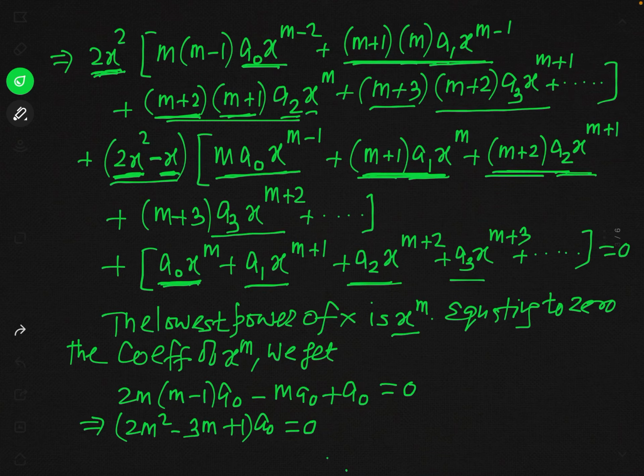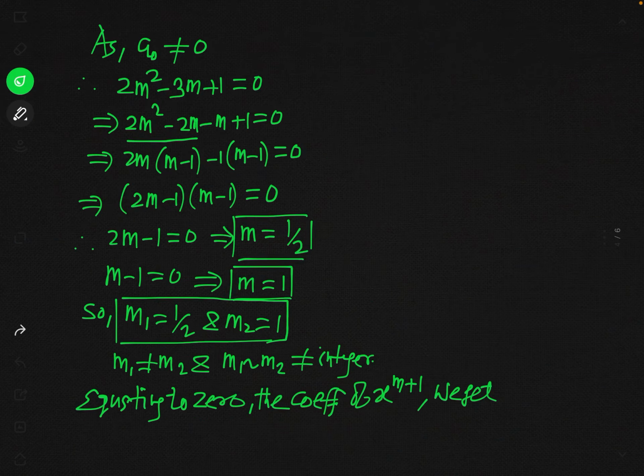See here, when you multiply the 2x square by this term, you can see there is already x to the power m plus 1, and when you multiply it by x square, the power on x will be m plus 3. So the first term in the first series, or the coefficient of x to the power m plus 3, will be 2 into m plus 3 into m plus 2 into a3.